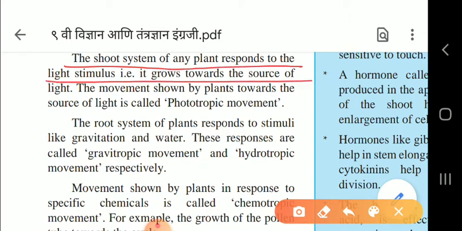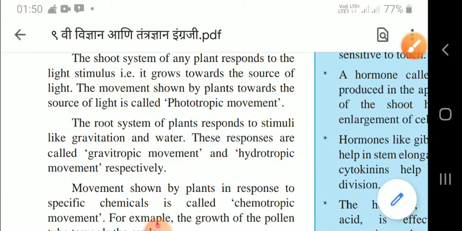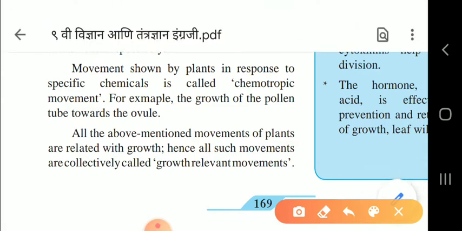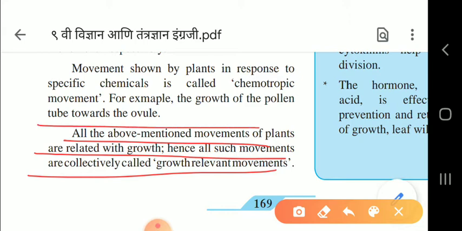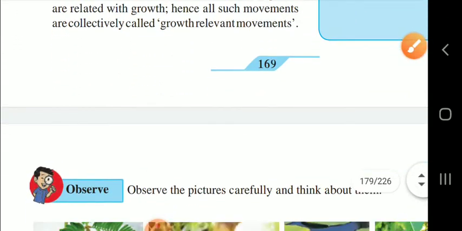These are very important. So all these points you have to write down and learn.